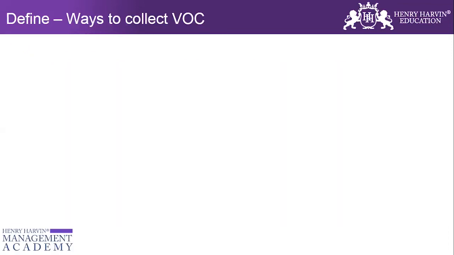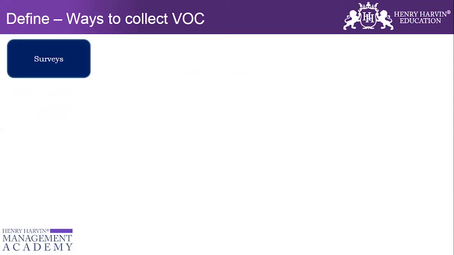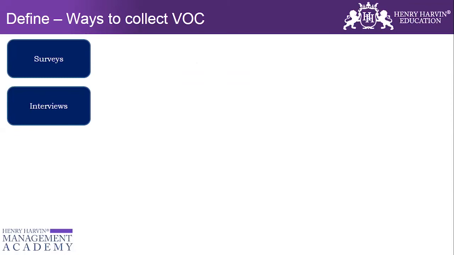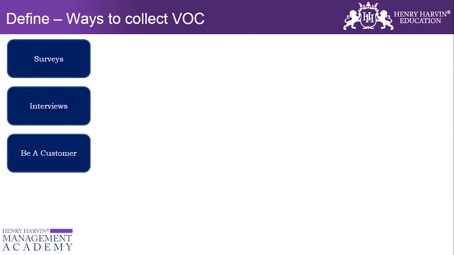Okay, so now we'll get into the different ways to collect VOC. So we are in the define phase of Six Sigma, and there are different ways to collect VOC. We will talk about one. So there are surveys. You can see that through surveys, through interviews, you can be a customer, because when you are a consumer, you can always give your feedback. And nowadays, there are a lot of mediums which are being used to capture the customer survey also.